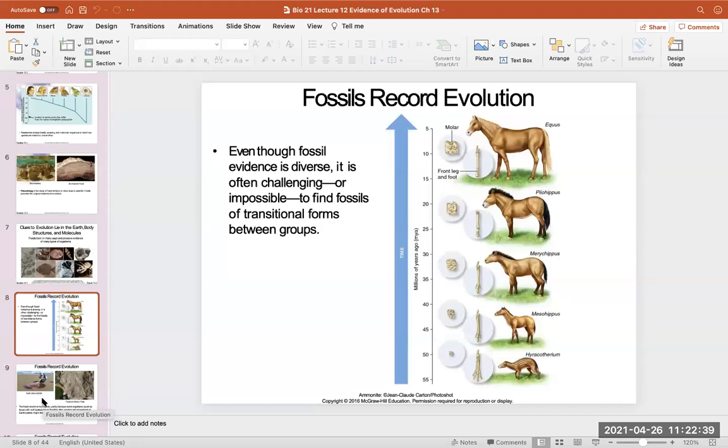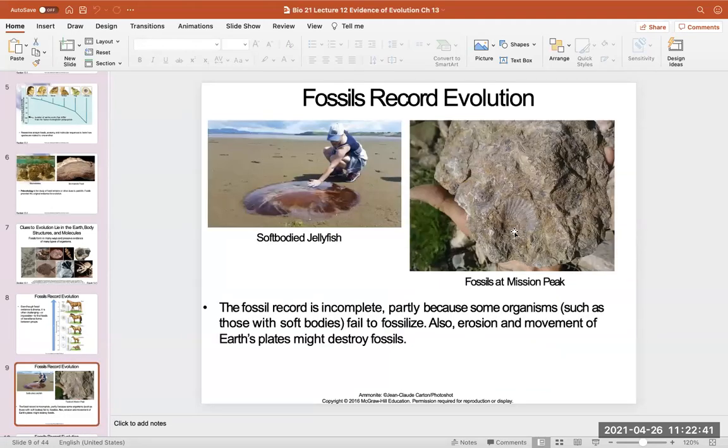The shell, right? Shells have hard structures, so they get preserved more easily compared to wings or soft-bodied jellyfish, which are not going to get preserved. That's why we have some missing links. Also, because continents are moving and we have volcanoes, some of the fossils get destroyed.